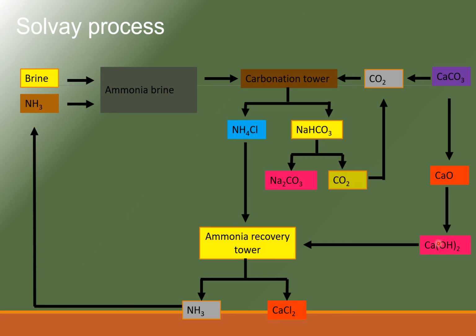This calcium hydroxide comes into the ammonia recovery tower where ammonium chloride is already present. Then these two chemicals, ammonium chloride and calcium hydroxide, react in the ammonia recovery tower. Then we get calcium chloride and ammonia. This ammonia is reused in the preparation of the ammoniacal brine.